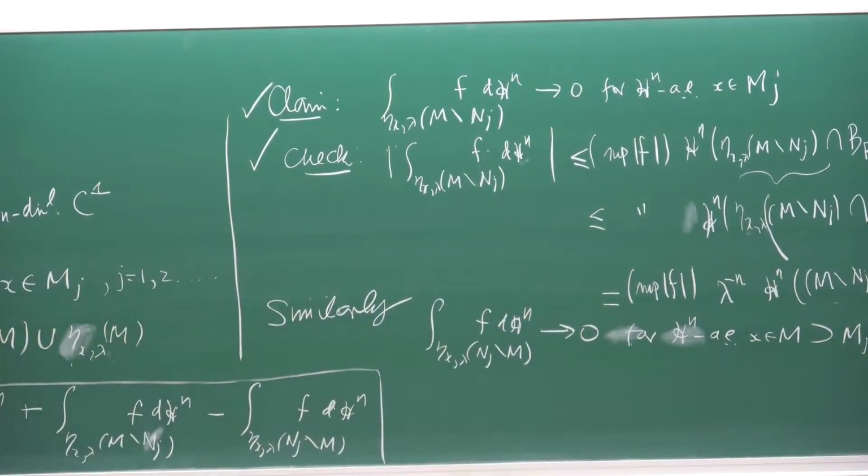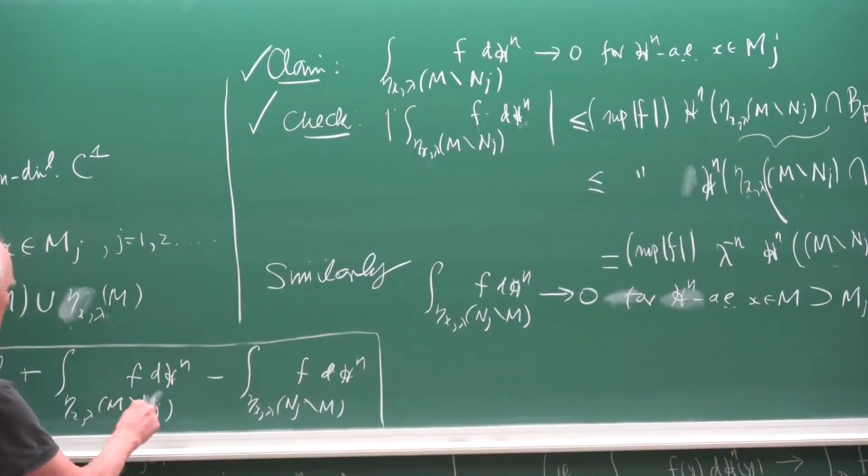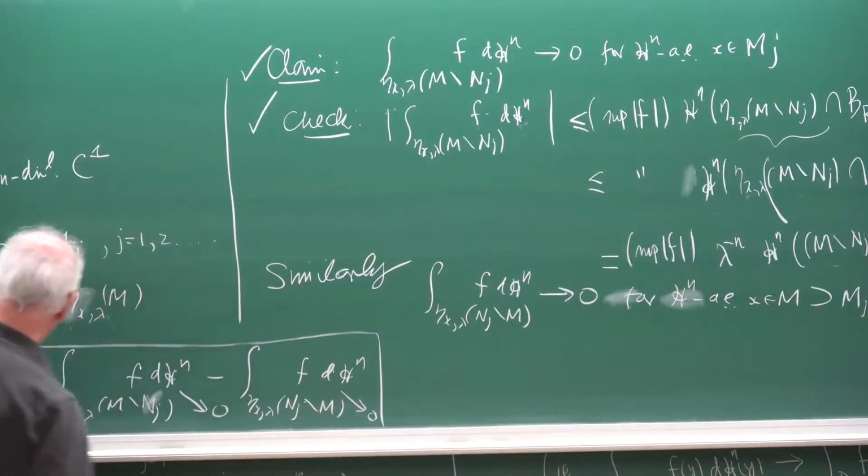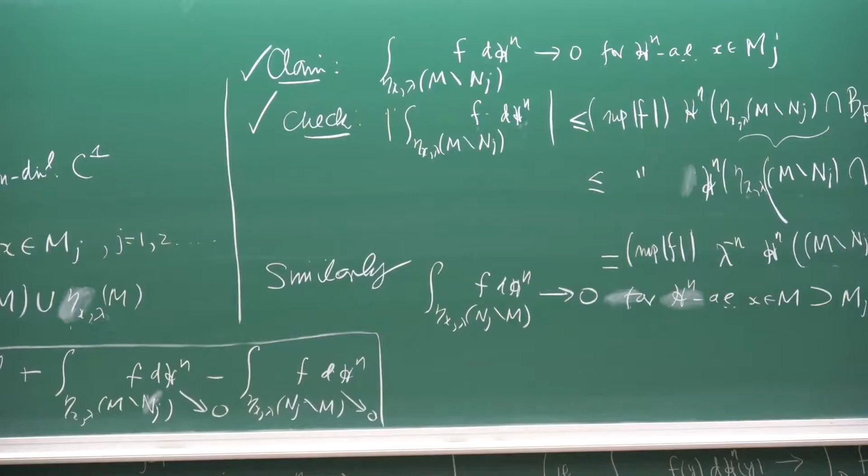So in particular for H^n almost every x in M_j, that tends to 0. So both of these terms tend to 0. And this guy, well, that's easy. N_j is a classical C^1 manifold. So this guy just tends to the classical integral of f over the classical tangent space of N_j.